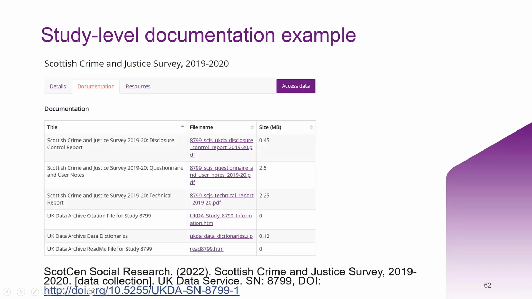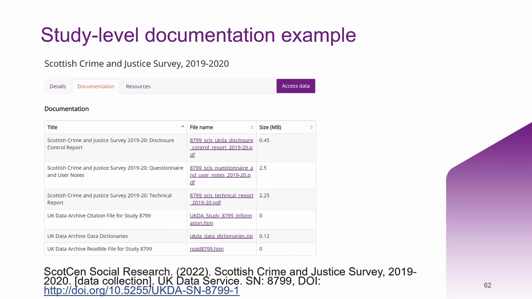When it comes to study level documentation, it's all about having, for example, the questionnaire that you've used and any user notes, a technical report. I gave the Scottish Crime and Justice Survey as an example because they're fantastic when it comes to documentation. But we need to bear in mind they are quite a big organization, right?